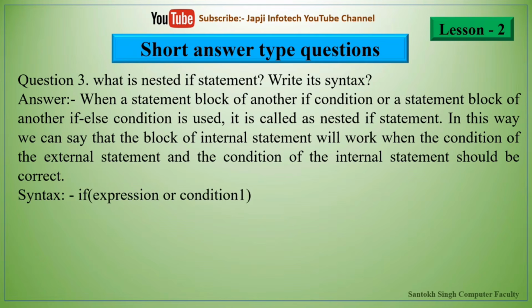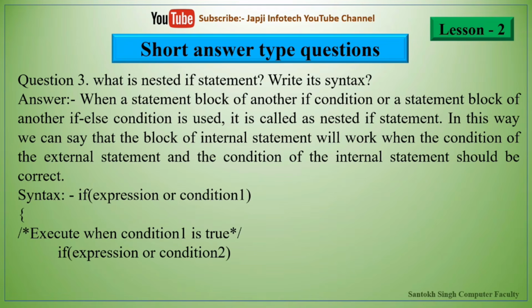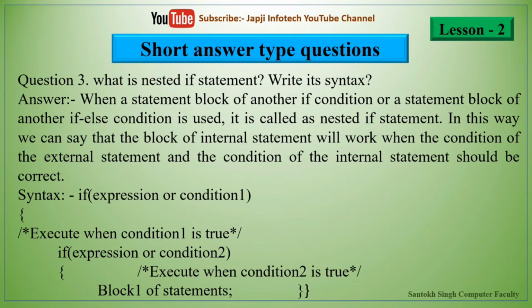The syntax of nested if statement is: if (expression or condition 1) { execute when condition 1 is true. if (expression or condition 2) { block of statement 1 } } both the braces close.